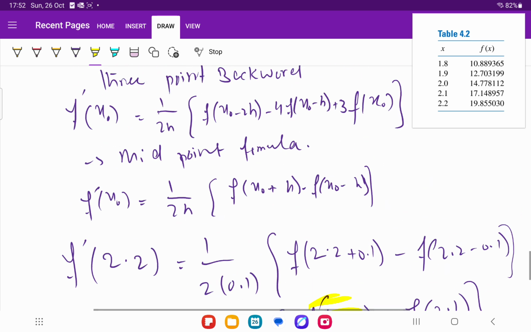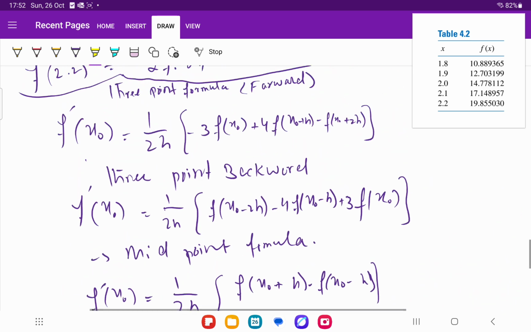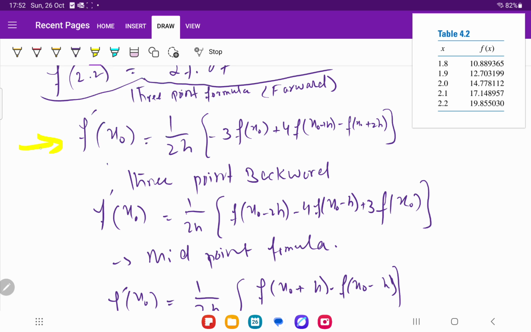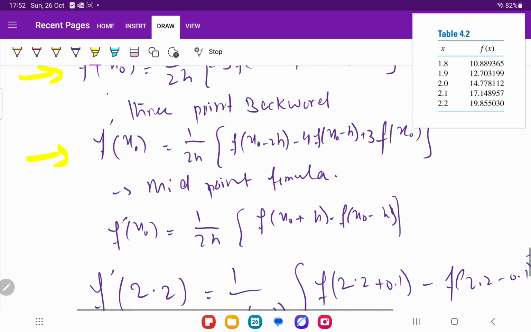So here is the list of the 3 important formulas for 3 point: forward, backward and midpoint. Clear?